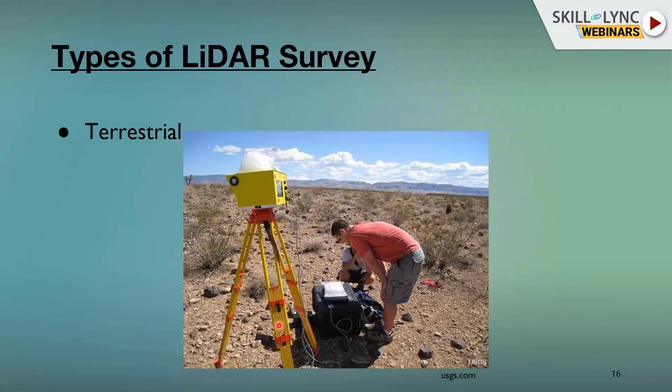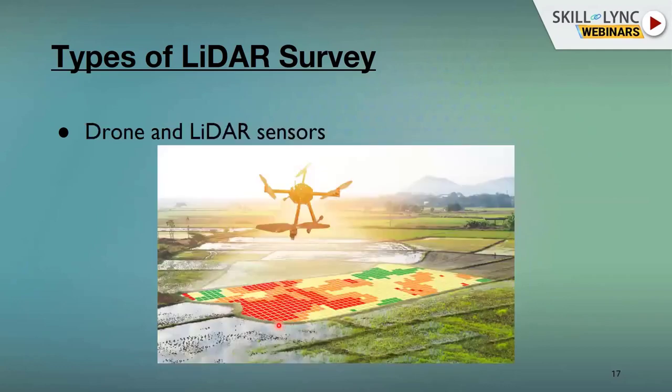Humans can easily visualize the data and realize how it is going to be useful. Mostly terrestrial LiDAR surveys are used for smart city and BIM perspectives, like scan to BIM. I'll move on to the next slide.